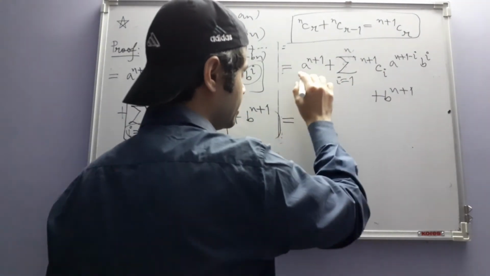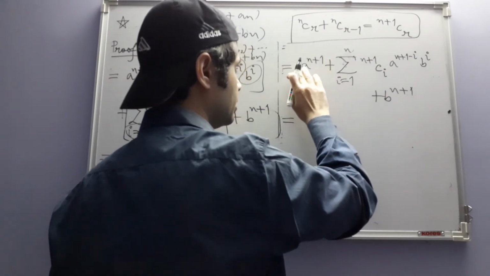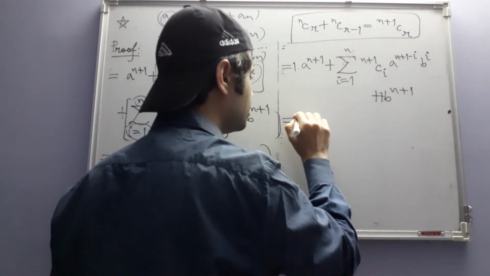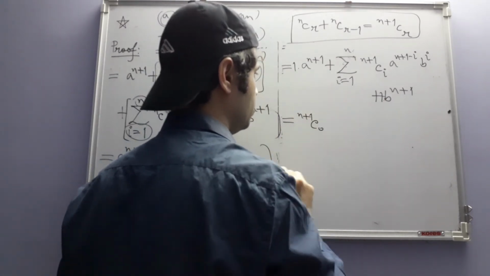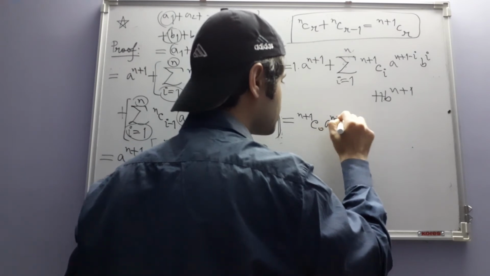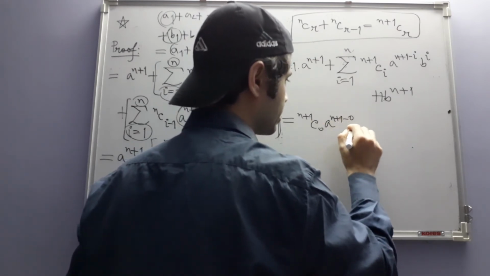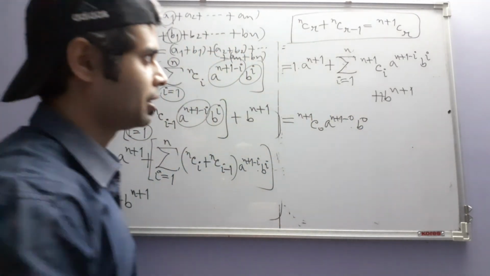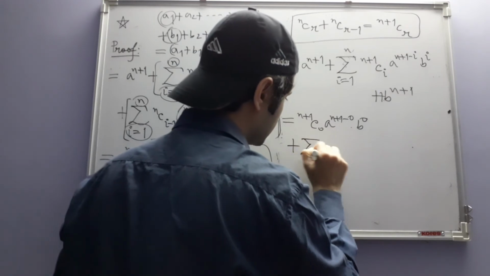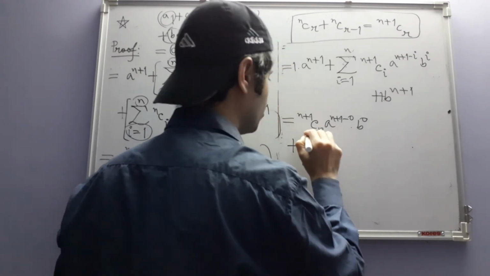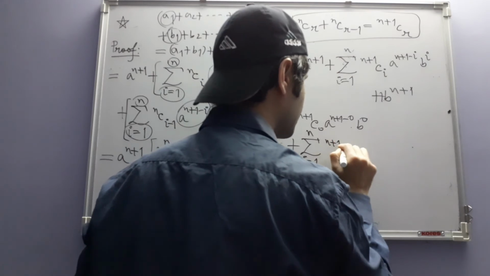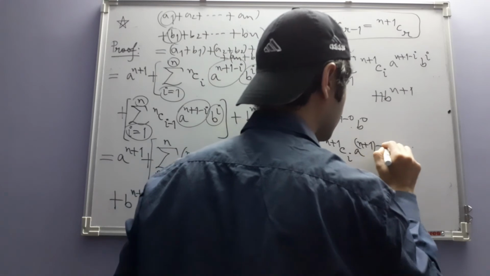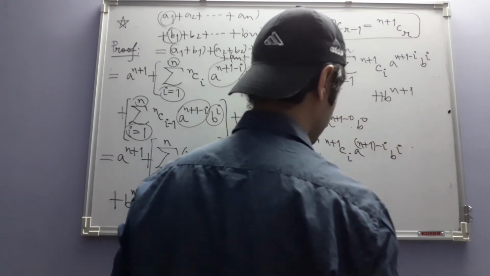Now here you can see that we have 1. Here also we have 1. So these ones can be written as (n+1)C0 times a to the power n plus 1 minus 0 times b to the power 0. The first term I have written in a somewhat different manner, plus summation i varying from 1 to n, (n+1)Ci a to the power n plus 1 minus i b to the power i.